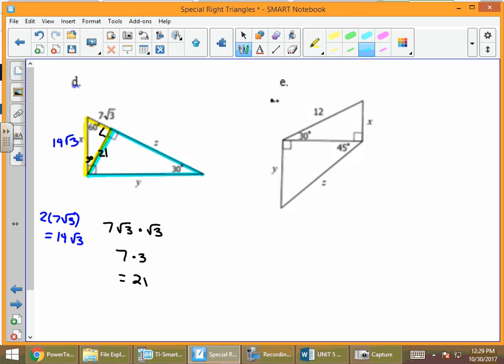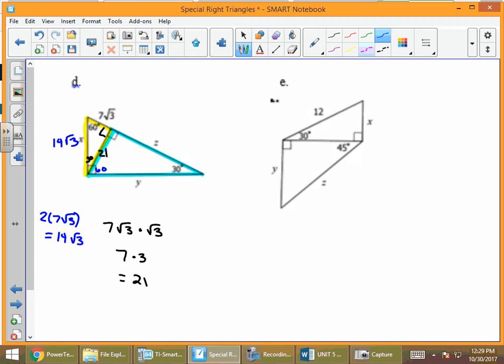So I know this is 90 and this is 30. What does this have to be? 60. I'm going to label this angle with 60. And what were we given in this blue triangle? Short side, long side, or hypotenuse? Short. Yeah, what's our short side?